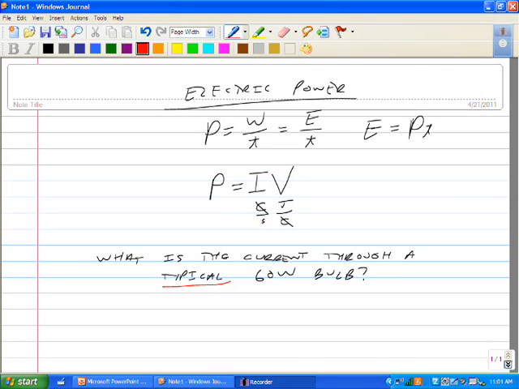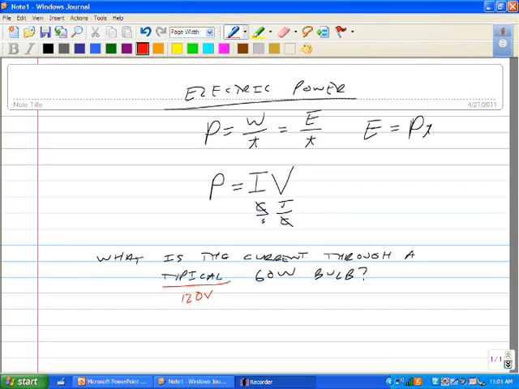Which in America, typical means I'm operating it how? Normal. Yeah, plugged into 120 volts. Now again, can I operate a 60-watt bulb at different types of power sources? Yes, but that doesn't interest us right now.